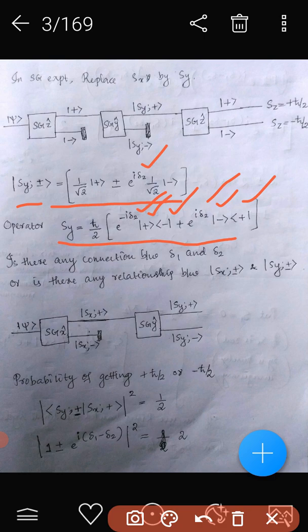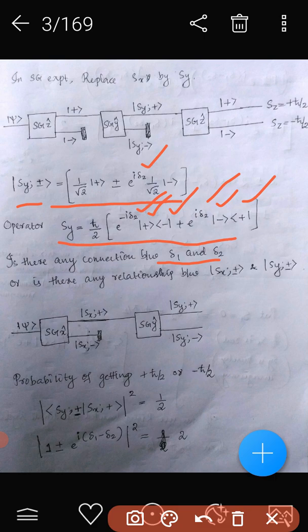So now we have to formulate a connection between the phase factors delta 1 and delta 2, or is there any relationship between Sx plus or minus and Sy plus or minus.